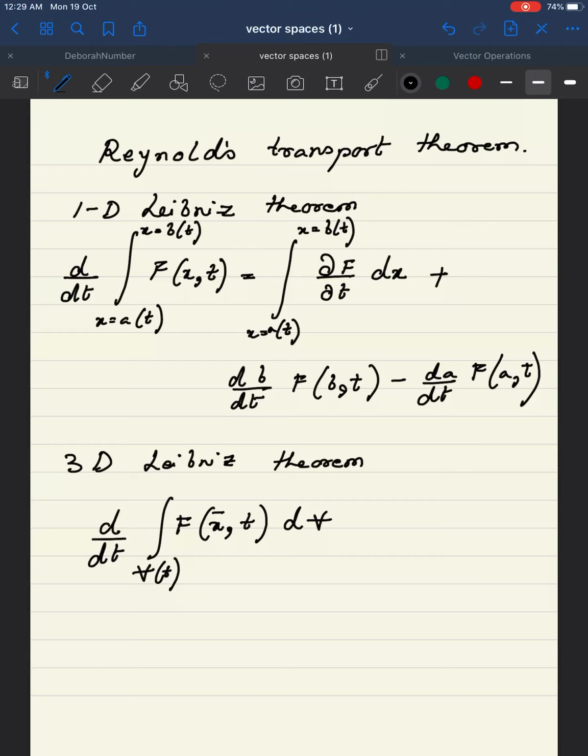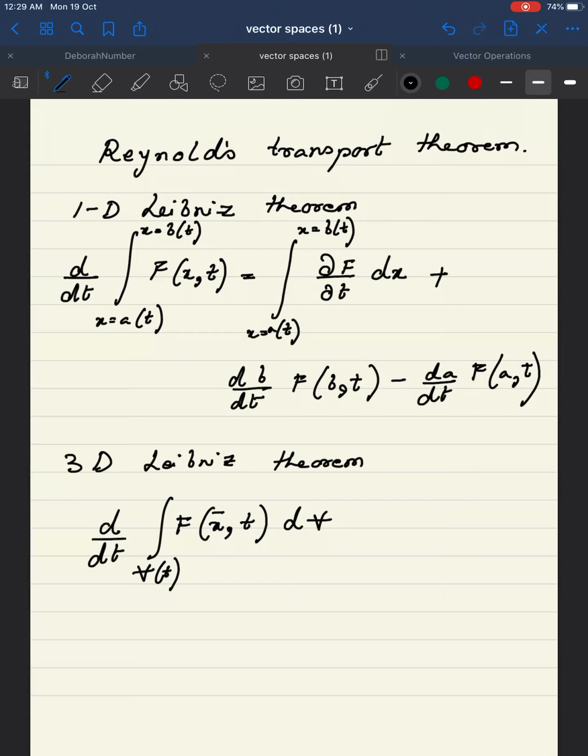The volume itself might be a function of time, just like here the limits are a function of time itself. So the limits a and b, they are also changing. I have missed something here.